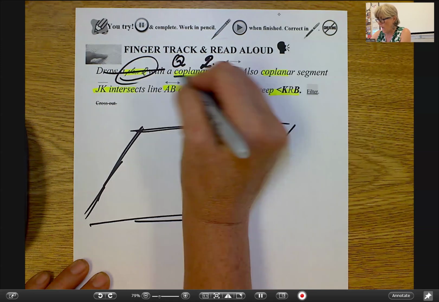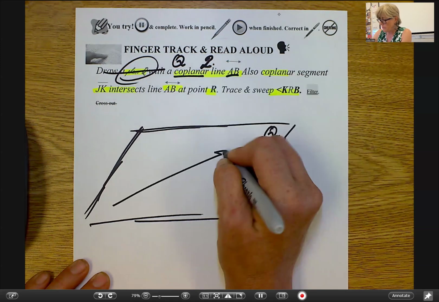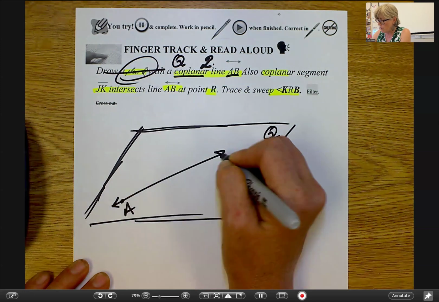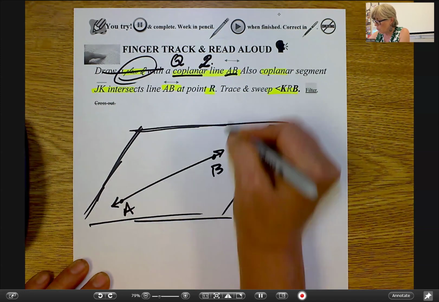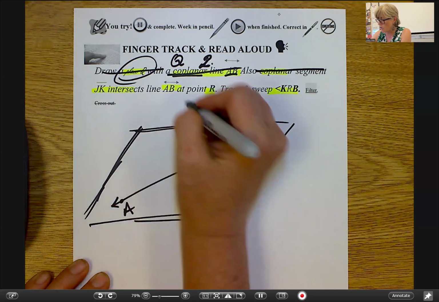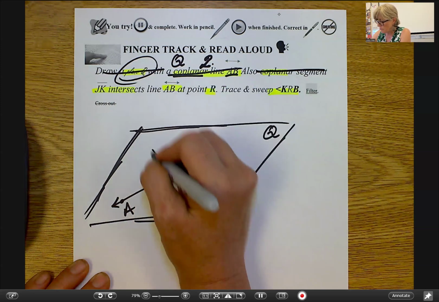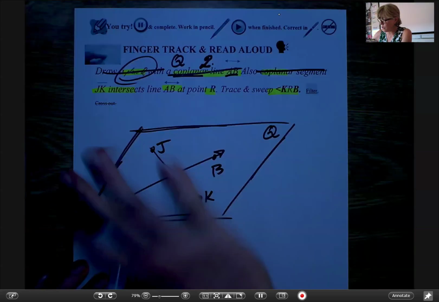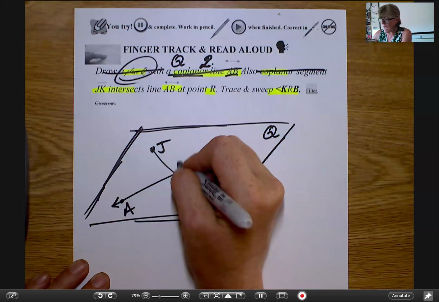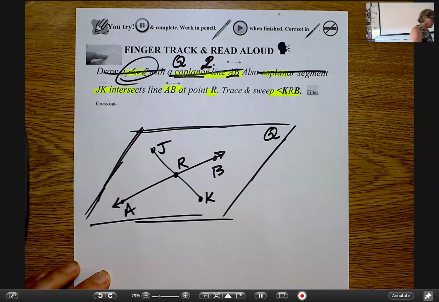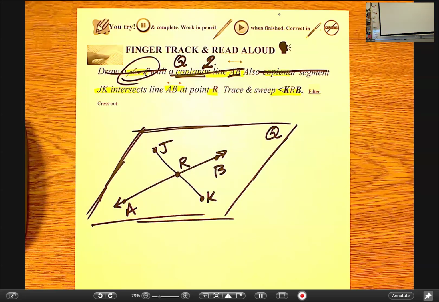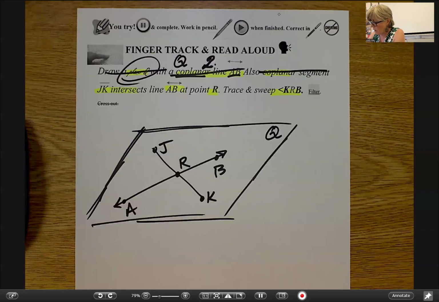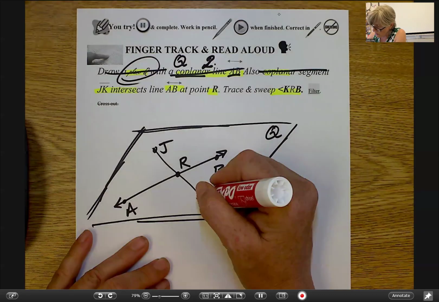Coplanar on the line AB, capital letters, arrows. Coplanar segment JK intersects AB. Doesn't matter if you switch those. Intersecting at R. Trace and sweep KRB.